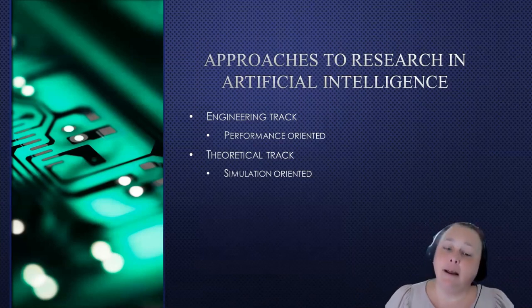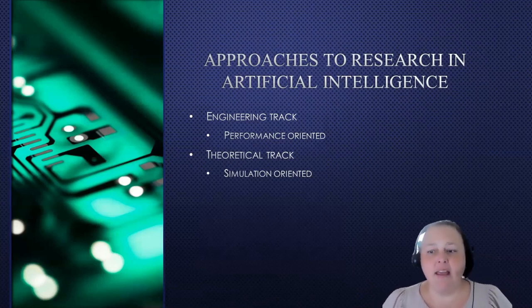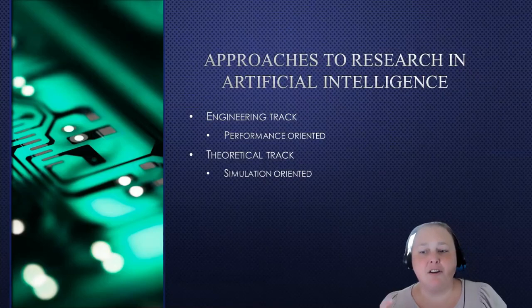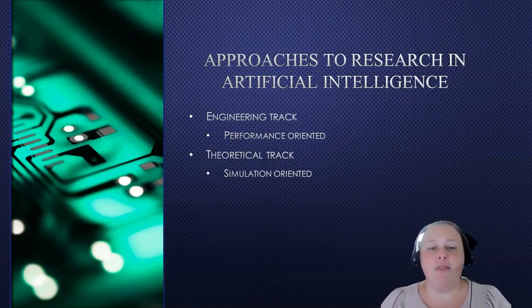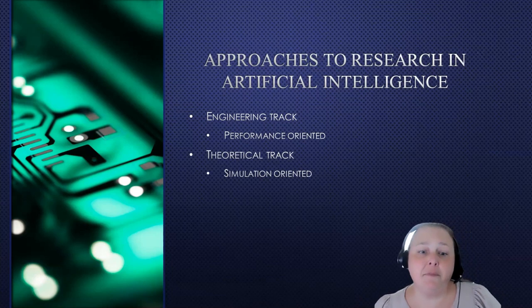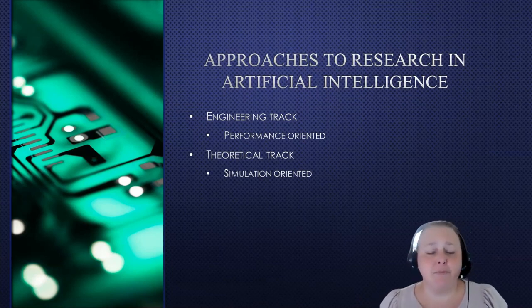Now, the theoretical track, on the other hand, is trying to develop an understanding of human intelligence. So the engineering is more performance oriented, where it needs to perform like a human, and the theoretical is more simulation, to where it will mimic the environment and the computational understanding of a human being.